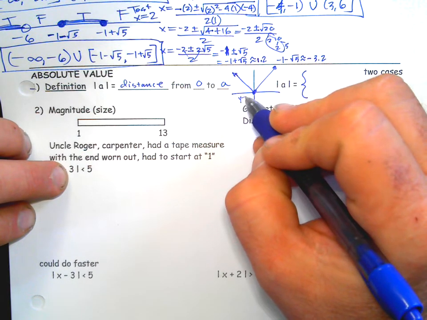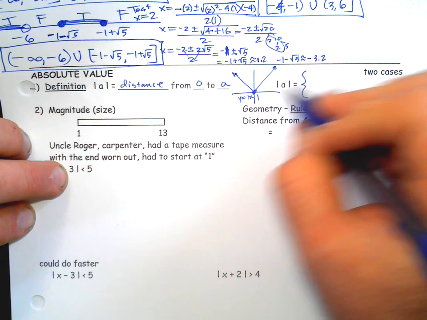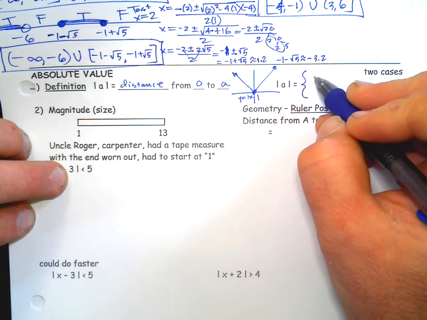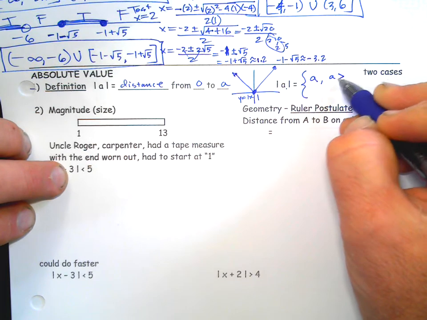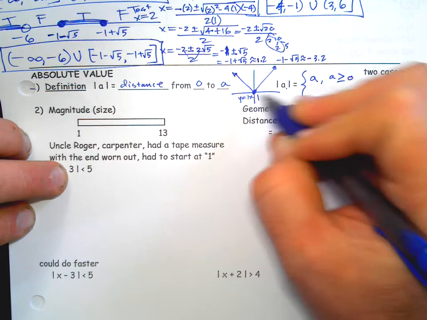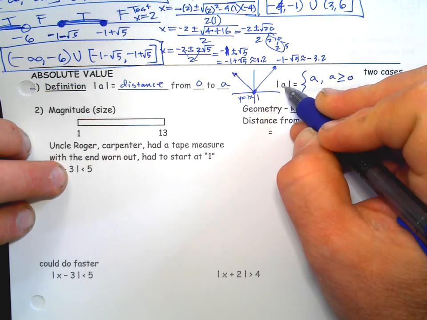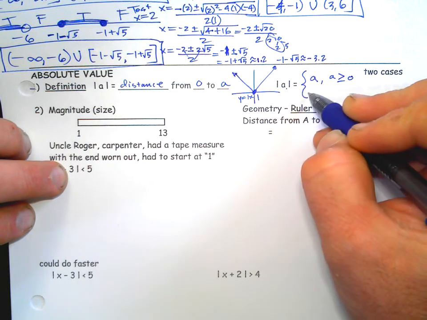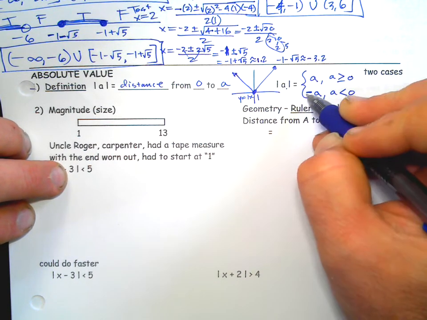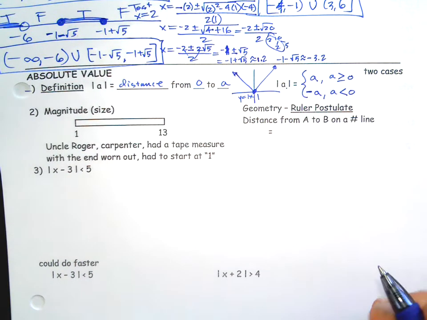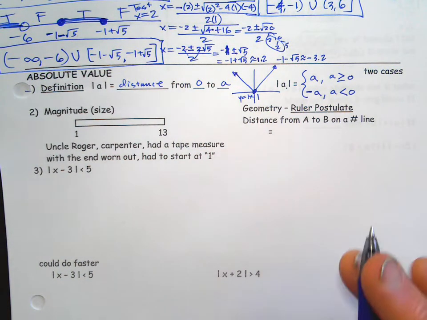This is the absolute value of x. But one way you could do it without the absolute values is to say it's just going to equal a when a is positive or equal to 0. And if a is negative, then it's going to force it to become positive by applying another negative to it. So when a is negative, the negative of the negative makes it positive. So it's another way of dealing with it. There's two scenarios.